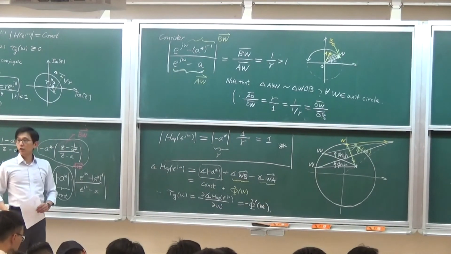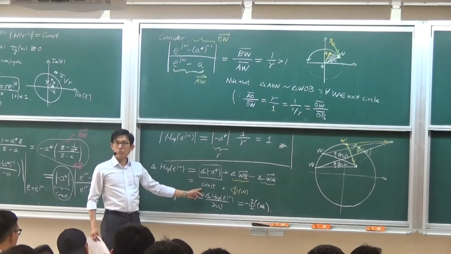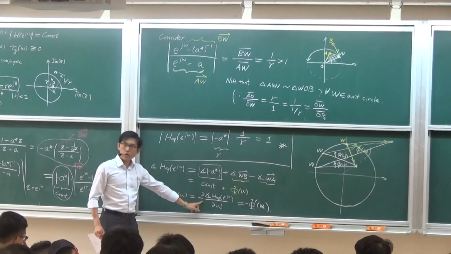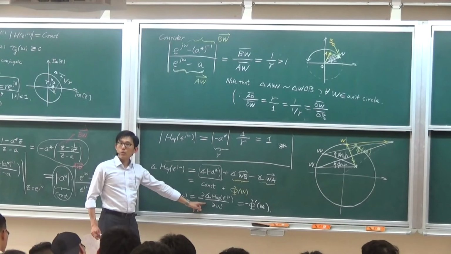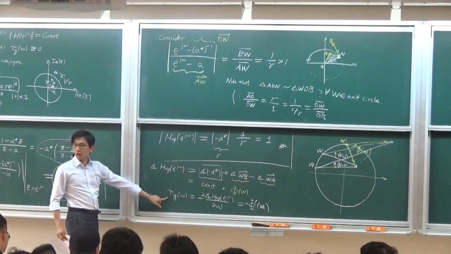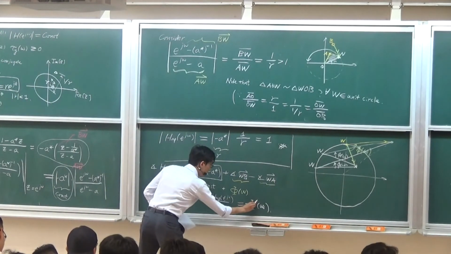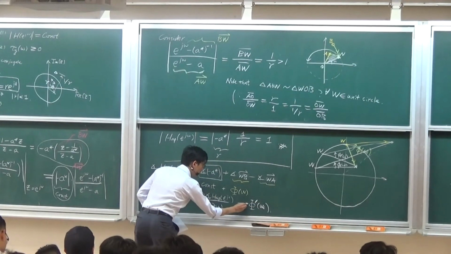The first derivative of this, because this is a constant, after differentiation, this term disappears, right? So if we take the first derivative of phase with respect to frequency, what we get is the group delay. And group delay is exactly the first derivative of phi of omega, with a minus sign.